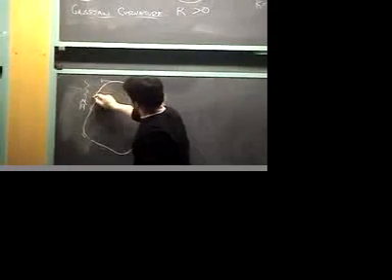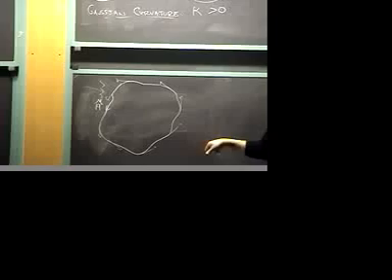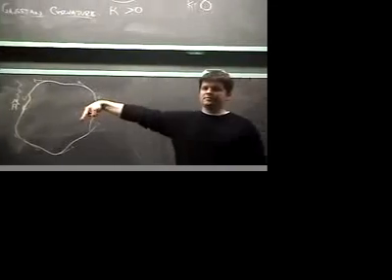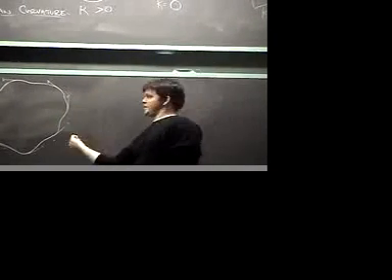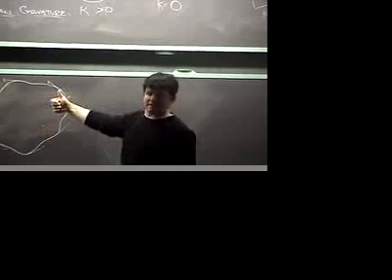What happens as I move around here? The direction I'm going changes, and the total change in the direction is 2 pi radians if I reckon the change positively as I turn to the left.